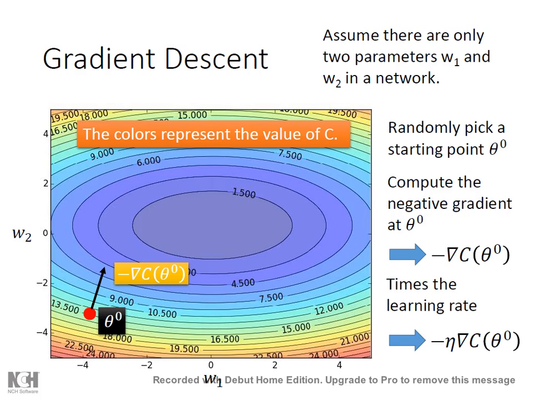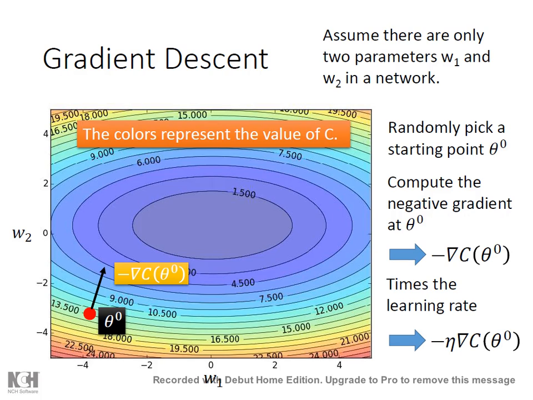Okay, so here we apply an approach called gradient descent. We could use calculus to find the first derivative, but in most cases you cannot always find the derivative of the error function, because sometimes the function is very complicated.